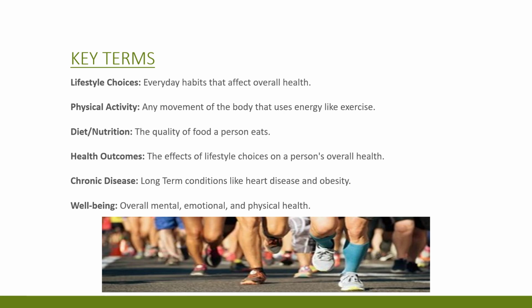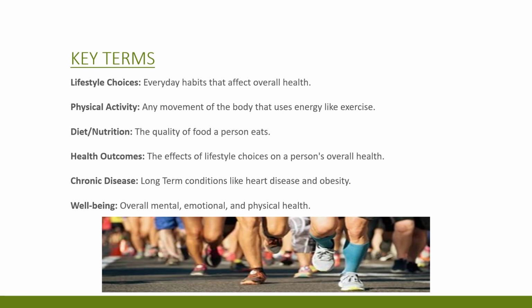Before we continue any further into the analysis, there are some key terms around this topic that we want to ensure everyone understands. So those are lifestyle choices, which are everyday habits that affect our overall health. Physical activity, this is any movement of the body that uses energy, such as exercise.